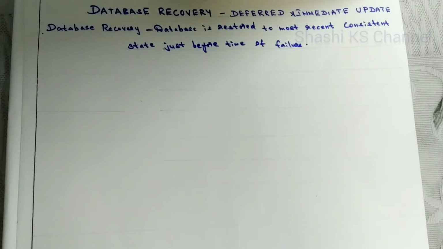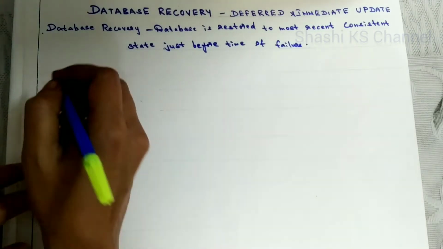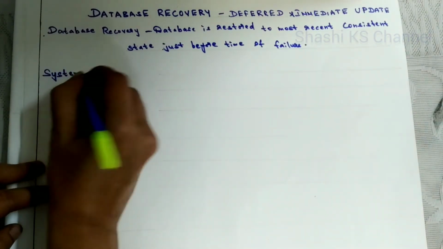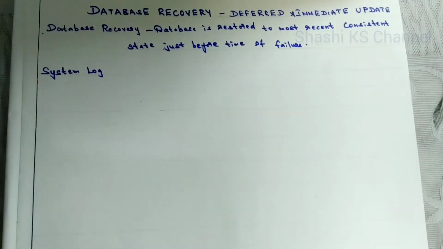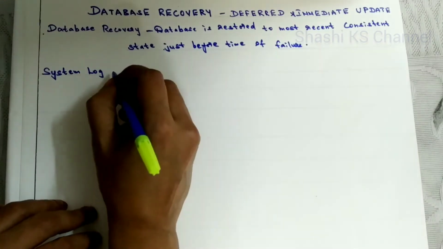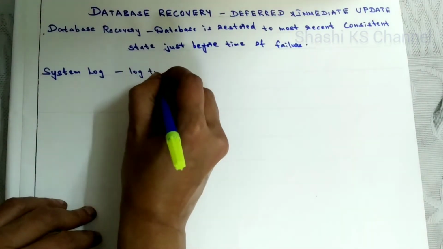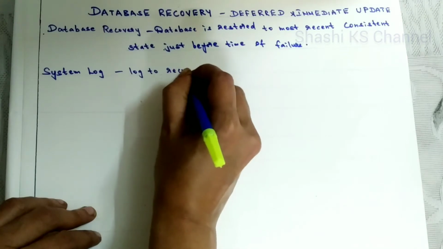So how will the DBMS know what was the state of the database before the time of the failure? For this, the DBMS maintains something called the system log. What is this system log? System log is nothing but a log file which is maintained by the DBMS to recover from failures.